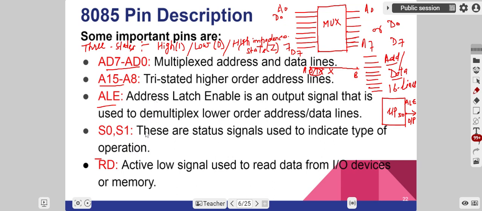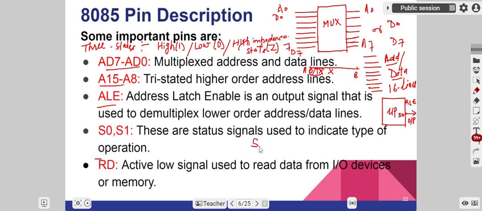Another pins are S0 and S1. You can see the pin numbers of S0 and S1 are 29 and 33 respectively. 29 is S0, 33 is S1. These are the status signals which are used to indicate which type of operation we are performing.